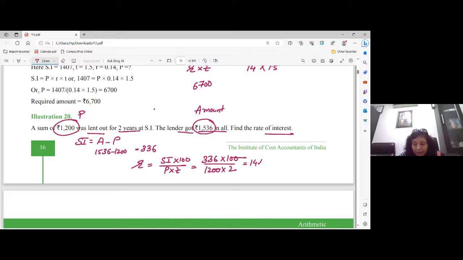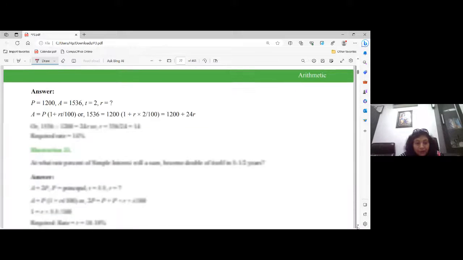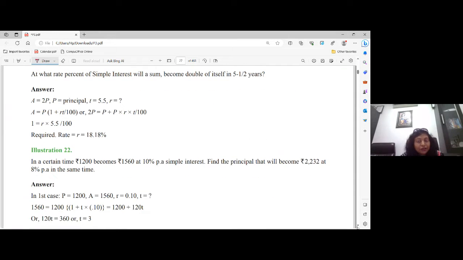Now next thing: at what percentage of simple interest will a sum become double of itself? That means if the principal is 100, your amount will become double, that is 200. So simple interest is amount minus principal, that is 100. And time period is 5.5 years. So we have to find out rate percent.